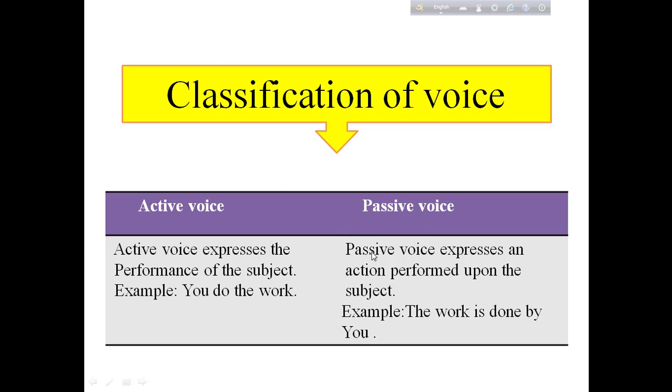Now passive voice. Passive voice expresses an action performed upon the subject. For example, the work is done by you. The work was the object of the active voice and the work becomes the subject of the passive voice.